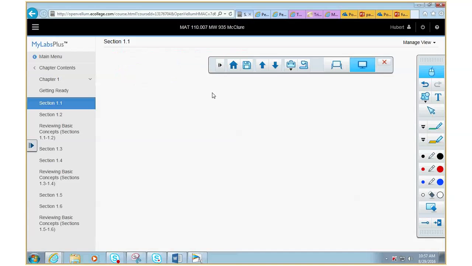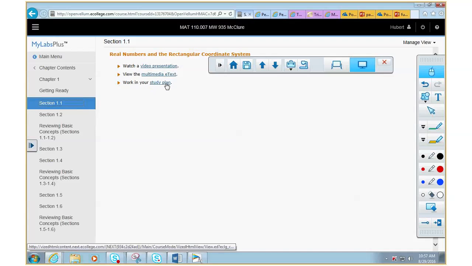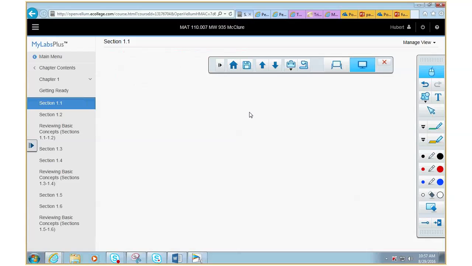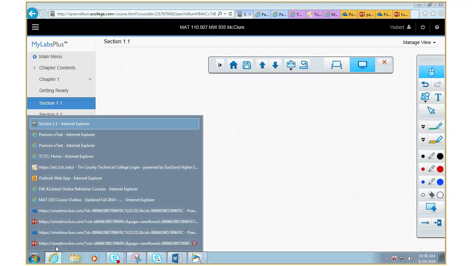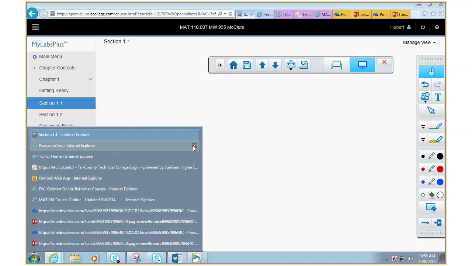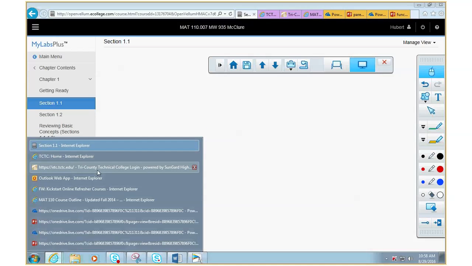Study plan 1.1. Let's see how you do. I'm waiting for you. Where you at? Come on, study plan. Okay, we don't have the study plan anymore, or what? I'm looking for the study plan. Hello, study plan.